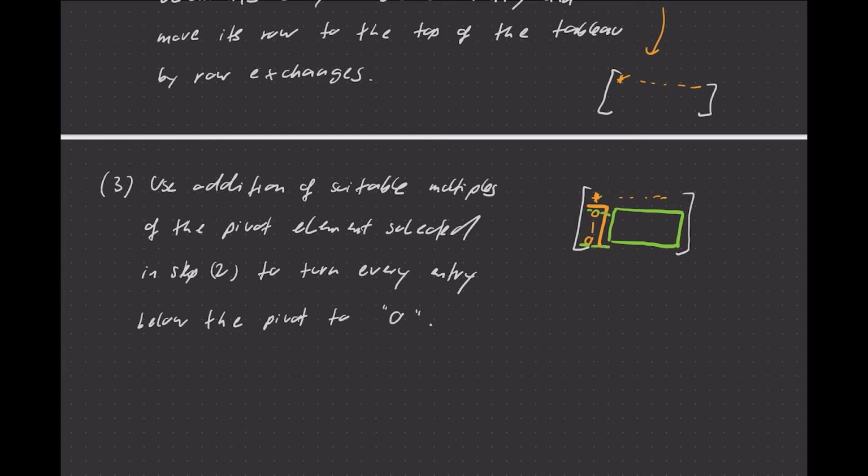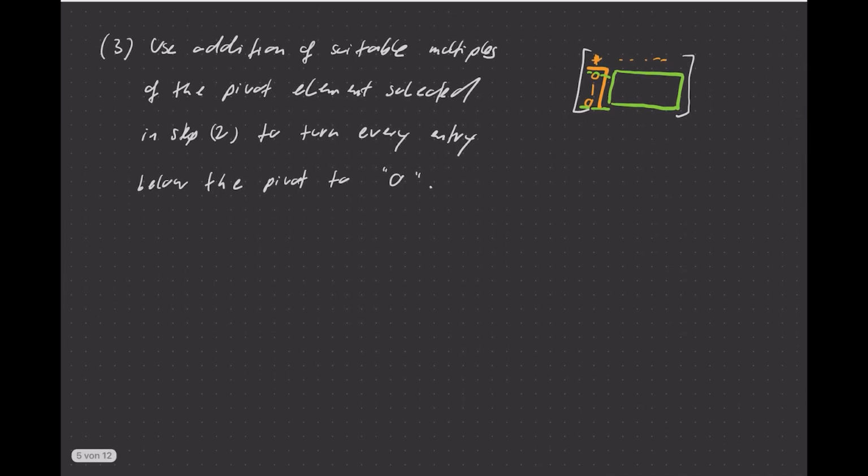So from here on, whatever we do with the remaining green rows does not change the first column anymore. So remark that: the first row will stay fixed from now on.